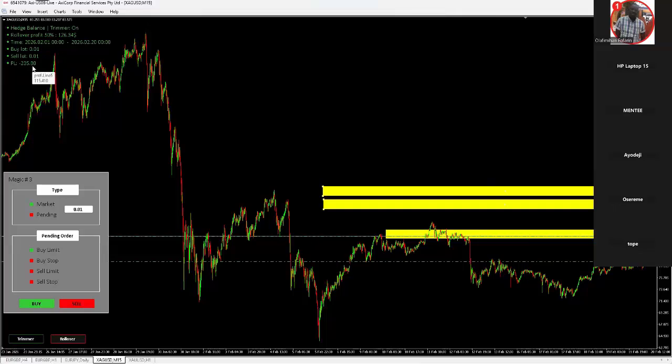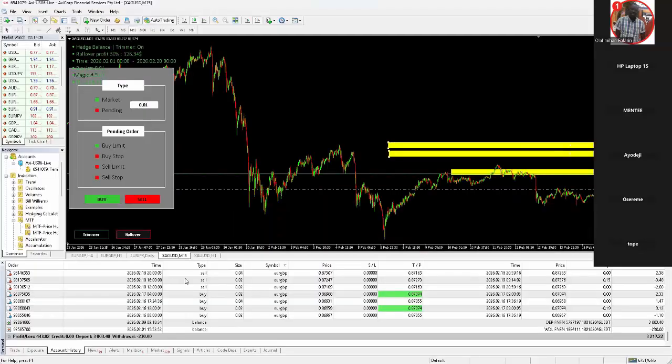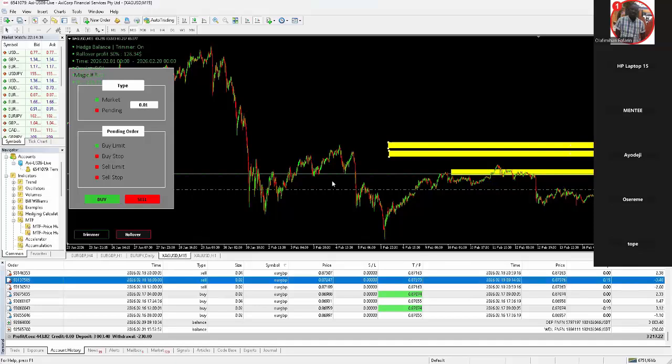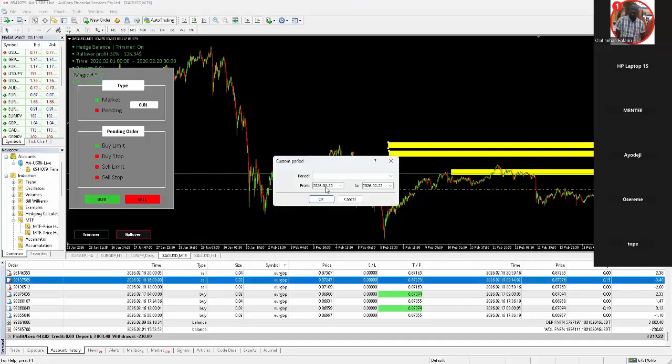That's what silver is taking from us, and this is our total profit. You have to choose the month you want to check properly, because if you don't, you may make a mistake. So actually, what I want to do is Monday to today.